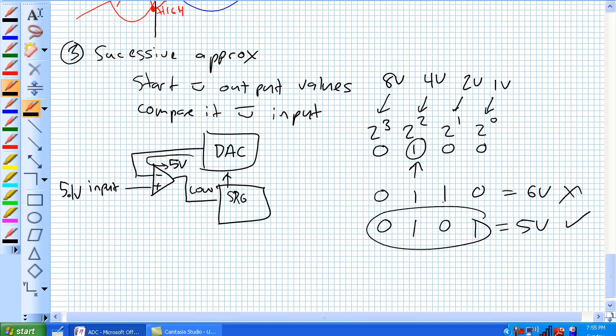How many steps did it take? It took, well, I already erased one. 1, the one that I erased, 2, 3, 4 steps, because there's 4 bit locations. So the other advantage here is basically a fixed conversion time.